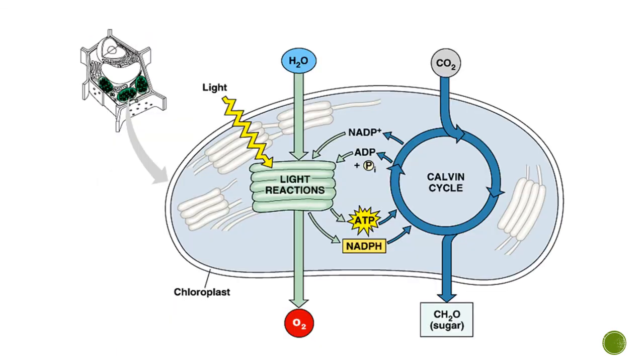In conclusion, the ATP and NADPH produced from the light-dependent reaction will be used in the light-independent reaction, also called the Calvin cycle. The Calvin cycle is a carbon fixation process where we will convert carbon from carbon dioxide into an organic compound, that is glucose.